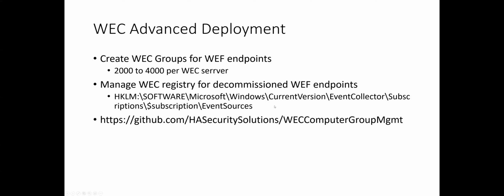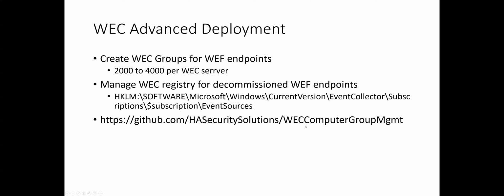Now, as you decommission endpoints, you're going to have to prune the registry. This URL has a nice set of tools, scripts that you run on the WEC as a scheduled task, and it will automatically prune the registry for you. So periodically run that task, and if endpoints have been decommissioned from the WEC, it'll automatically prune those out.